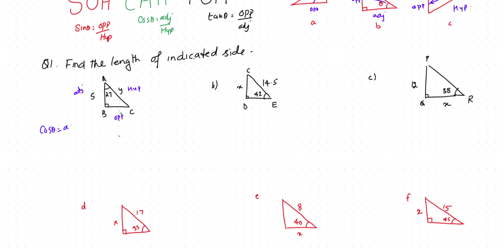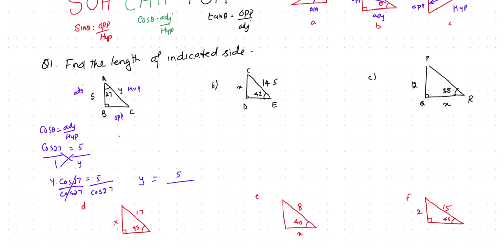Theta is 27. So cos 27 equals adjacent, which is 5, over hypotenuse, which is y. We cross multiply. So y times cos 27 equals 5 times 1, which is 5. So divide by cos 27 on both sides. This cancels, so y equals 5 upon cos 27.